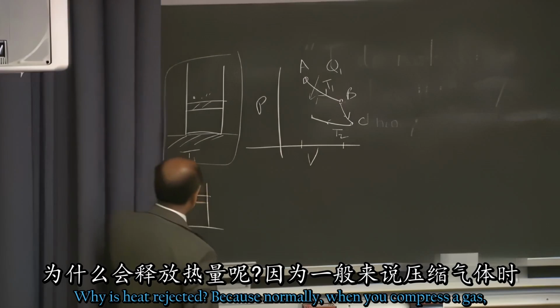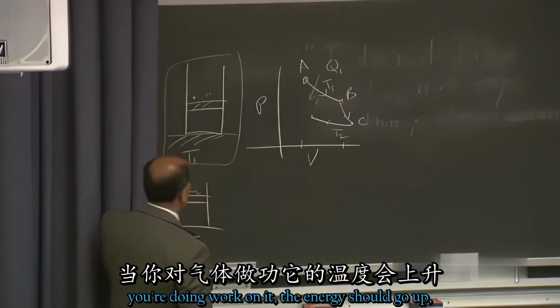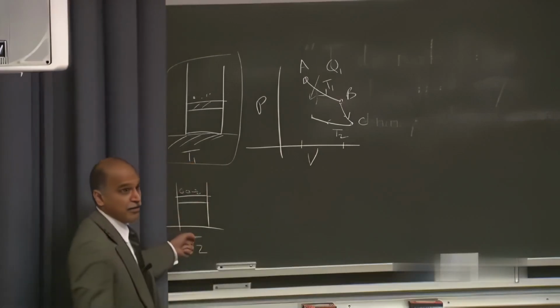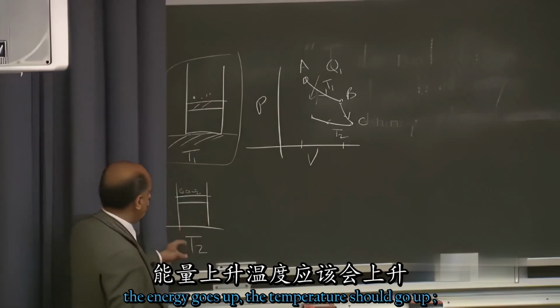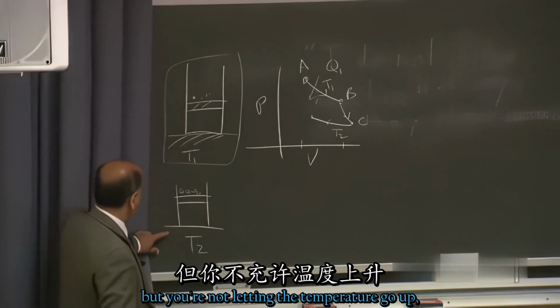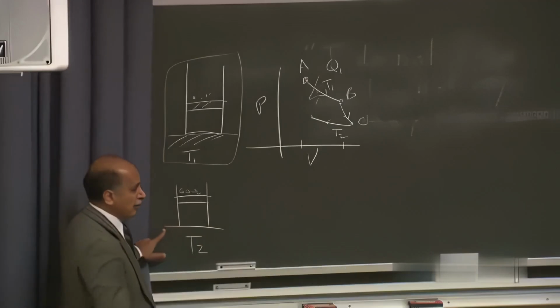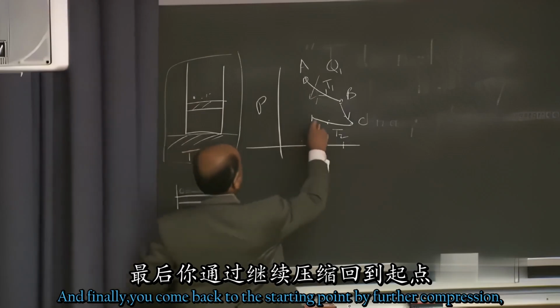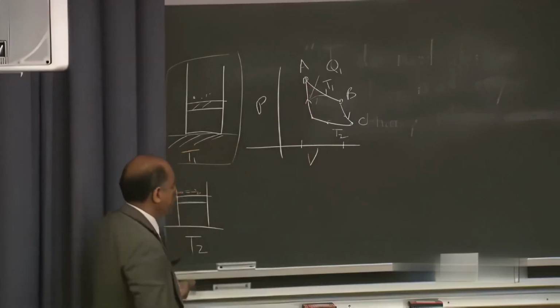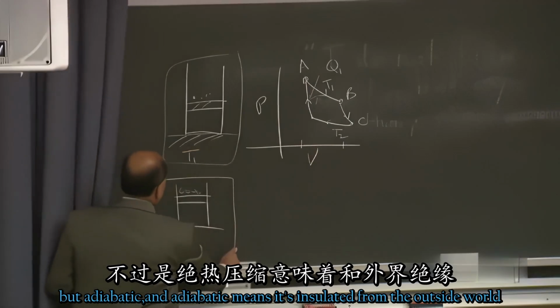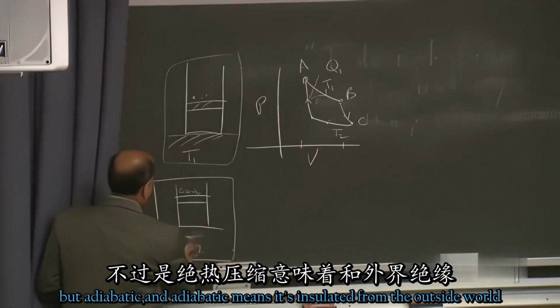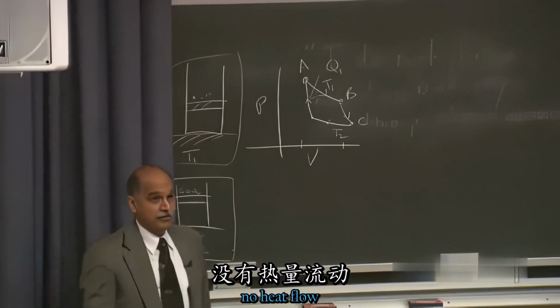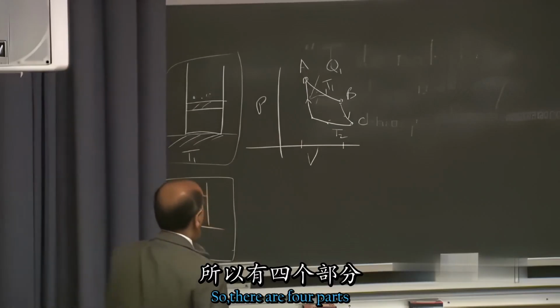Because normally when you compress a gas, you're doing work on it, the energy should go up. The energy goes up, the temperature should go up, but you're not letting the temperature go up. You're forcing it to have the temperature T2, so it'll reject heat into this heat bath. And finally, you come back to the starting point by further compression, but adiabatic. And adiabatic means it's insulated from the outside world, no heat flow. So there are four parts.